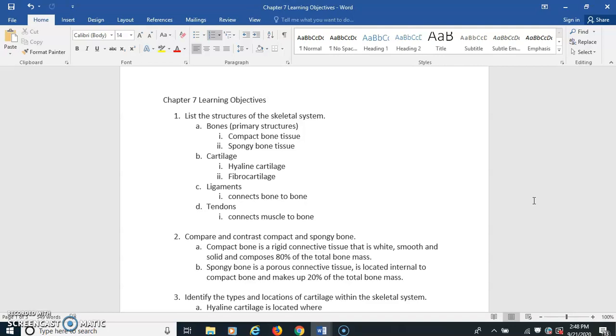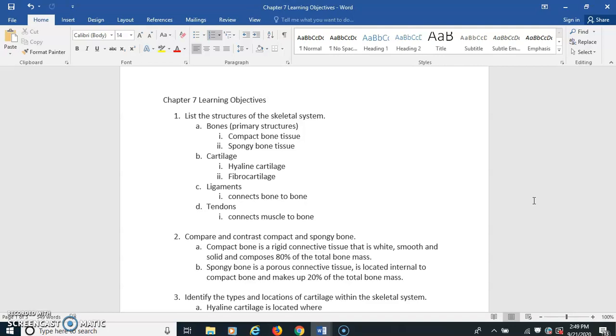And then we'll talk a little bit more specifically about those different structures and tissues. And then we'll be able to list the general functions of our skeletal system. And you will notice when we get to the functions that there are probably more functions than you were aware of for the skeletal system.